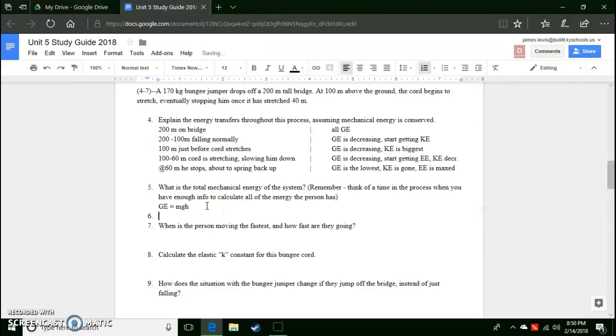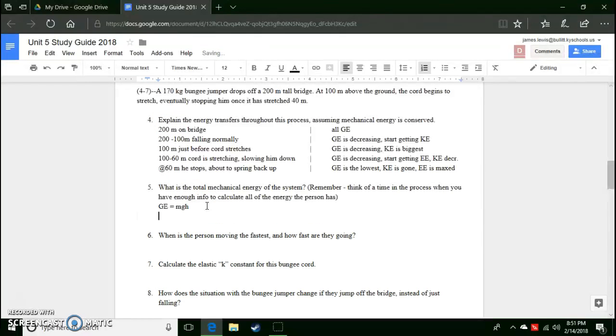To be clear, total mechanical energy equals GE, and that equals 170 times 9.8 times 200. I've done this a couple of times, so I already know it's 333,200 joules.